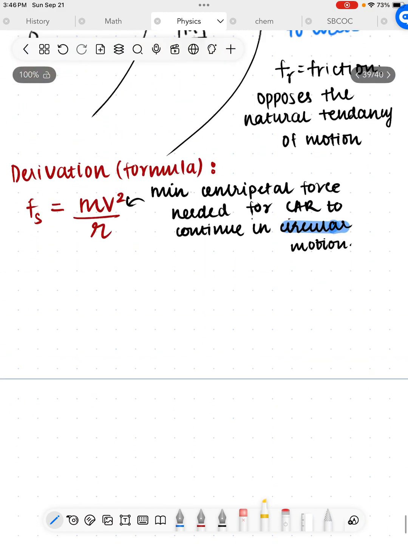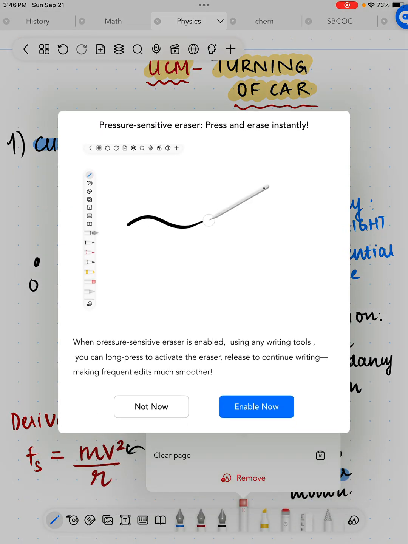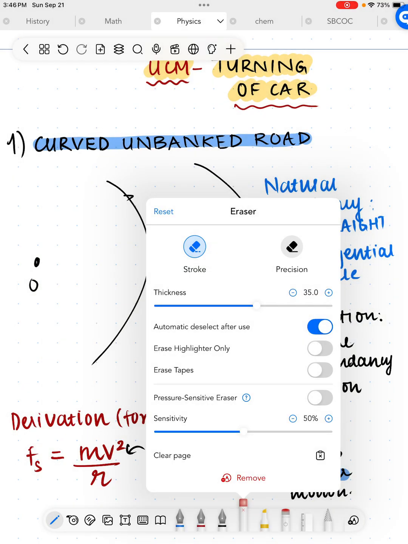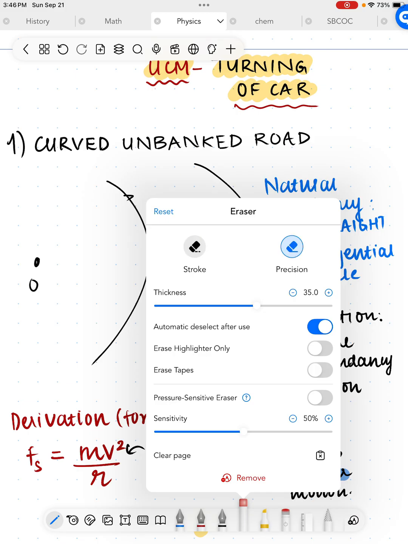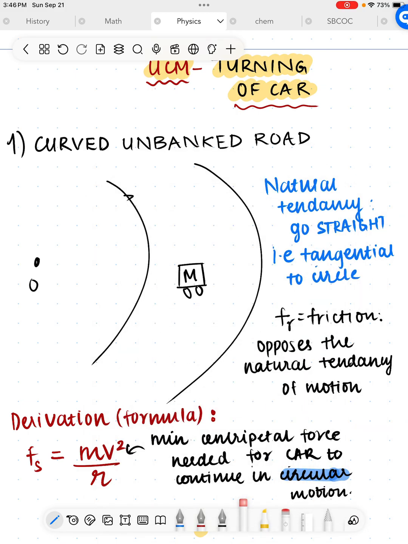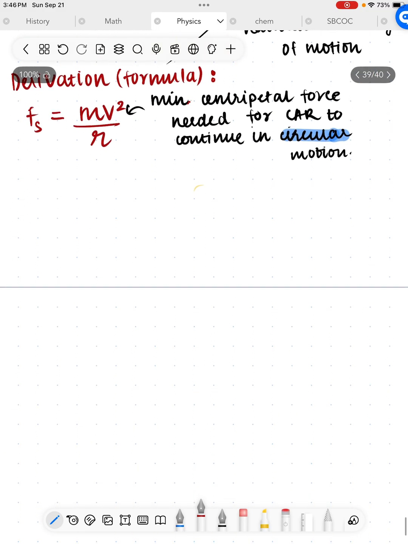Okay. What I mean is, children, this is the minimum centripetal force needed for the car to continue in circular motion.